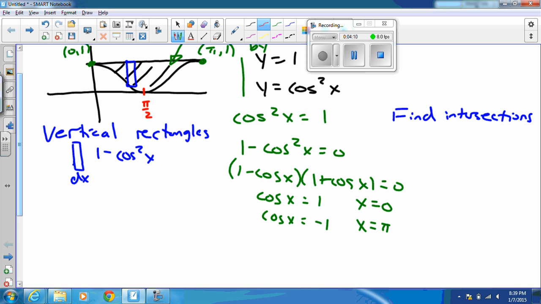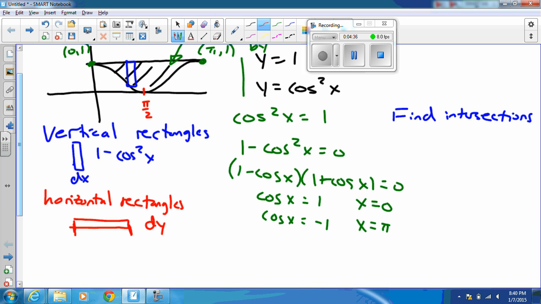If we choose horizontal rectangles, then the width of the rectangle is going to be dy, and the length of the rectangle is going to be the right curve minus the left curve.